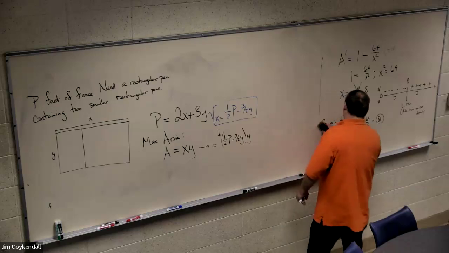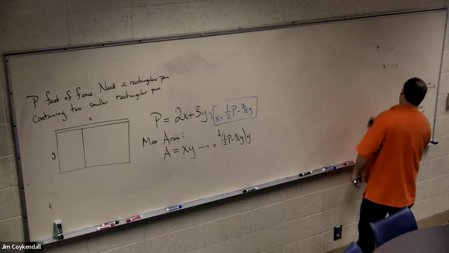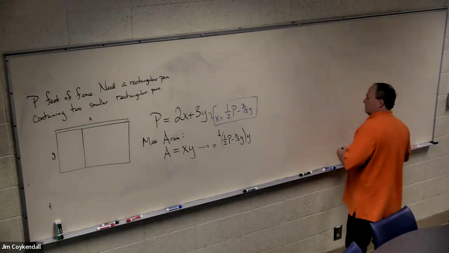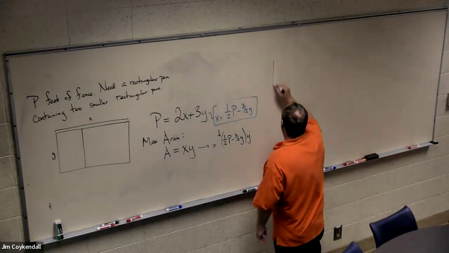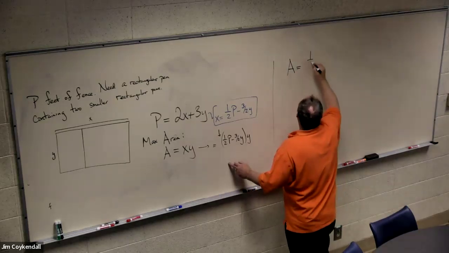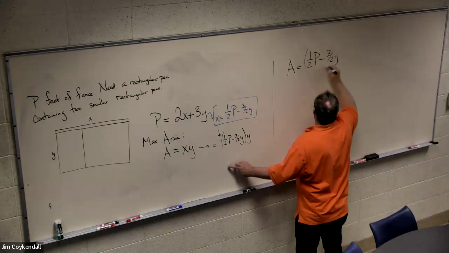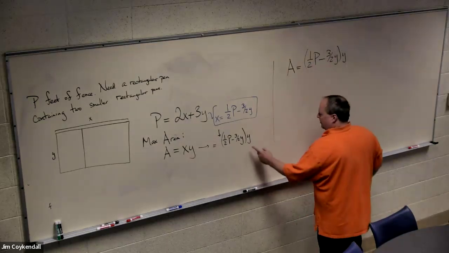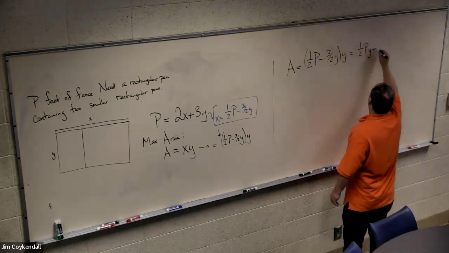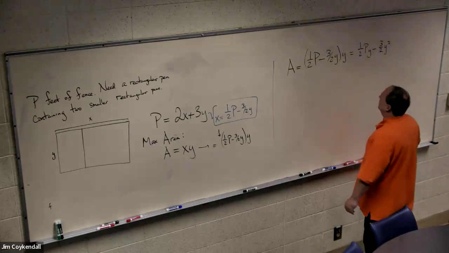So let me organize my thoughts here: one half P minus 3/2 y.